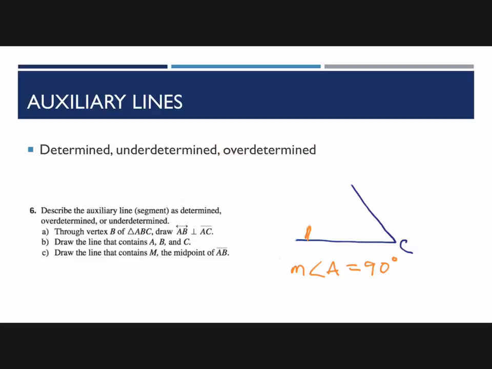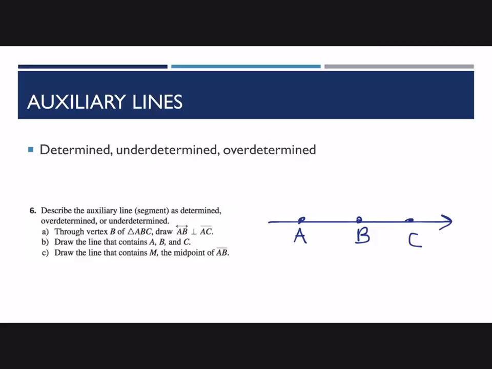What about part B? Draw the line that contains A, B, and C. Okay, so think about 3 points, A, B, and C, and draw the line that contains them. Okay, so it's basically saying draw 3 points on a line. So are there any problems with that? And in this case, no, there are not.